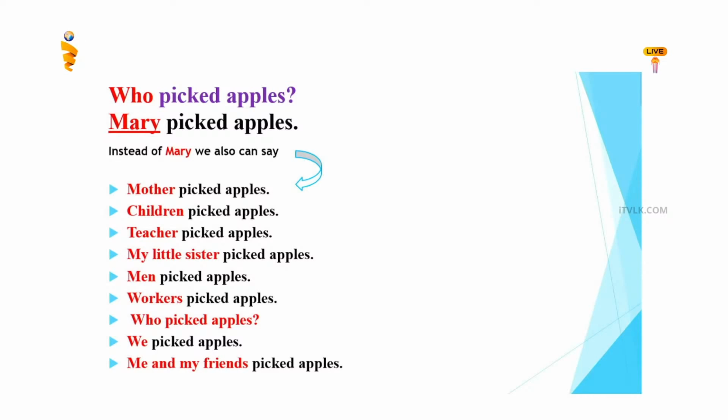You can also say women picked apples, right? So the answer to who picked apples can always be different. We picked apples, me and my friends picked apples. So children, you can add any word to this simple sentence.